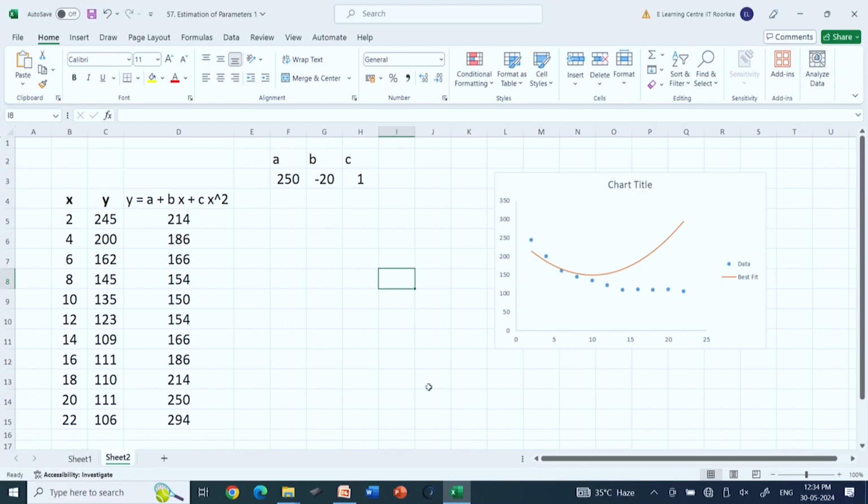And then what you have to calculate is the square of the residuals, which is this minus this.